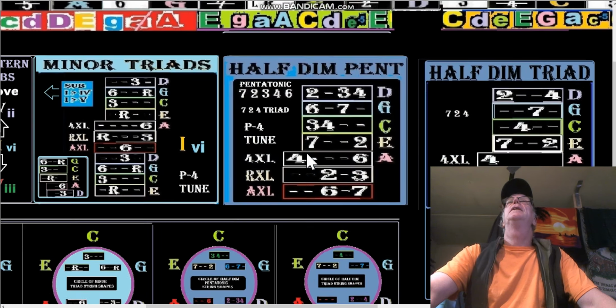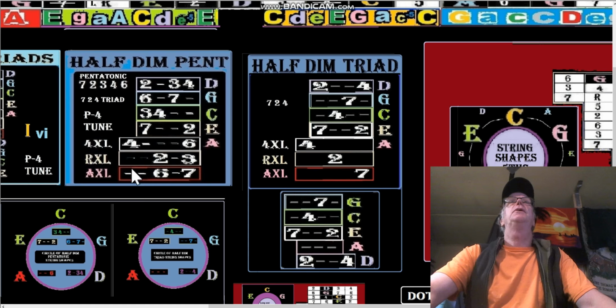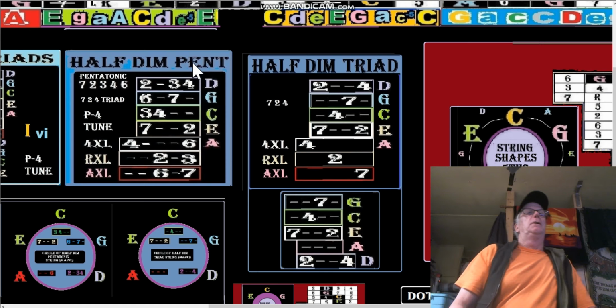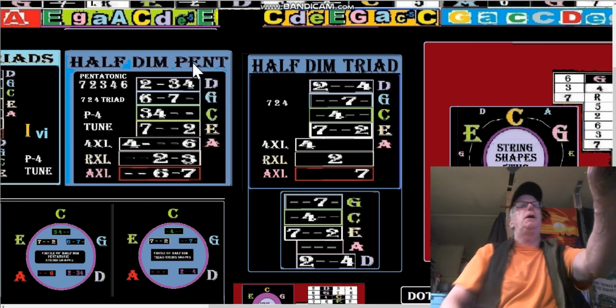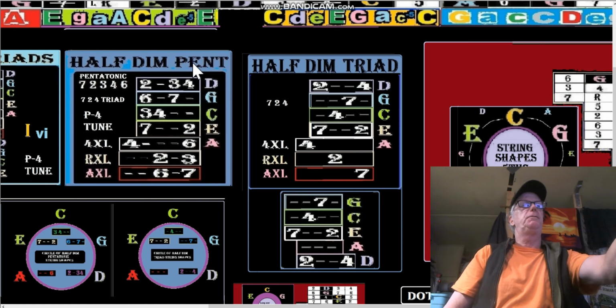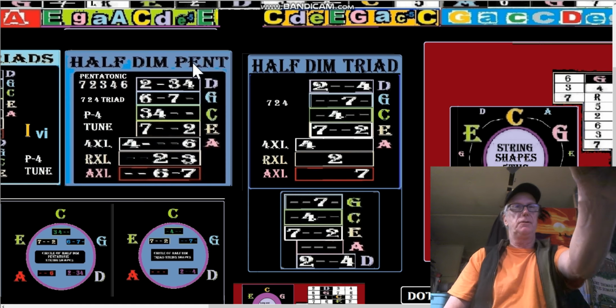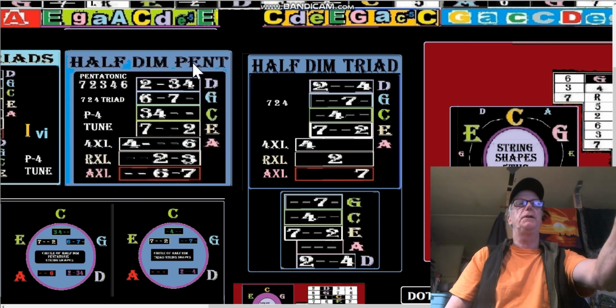Okay, so let's look at half diminished so we don't get lazy about half diminished. The half diminished pentatonic, as you know, when we looked at the minors, you have C and its relative minor. We have F and its relative minor. We have G, or the 5th, and its relative minor.